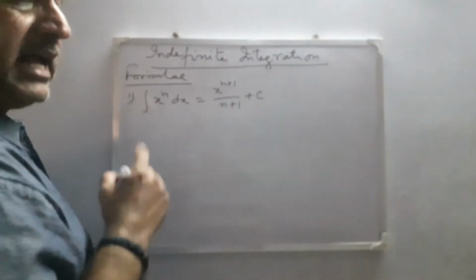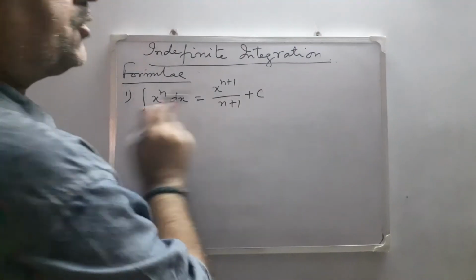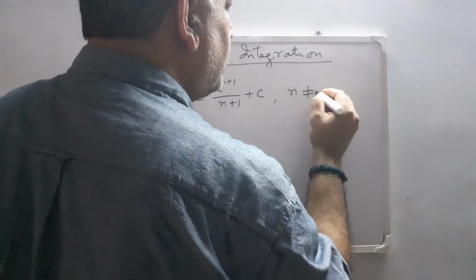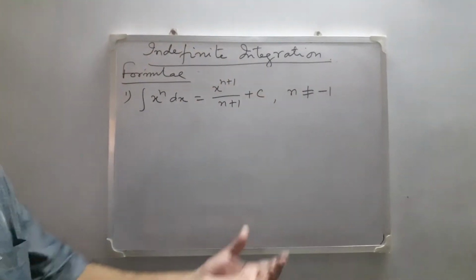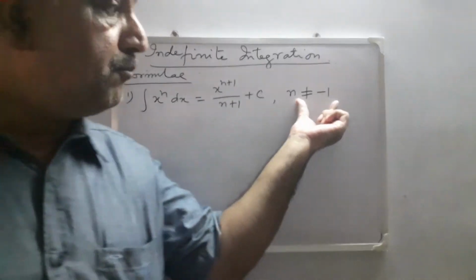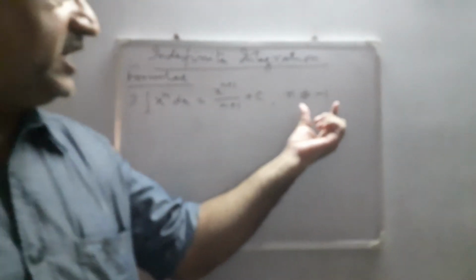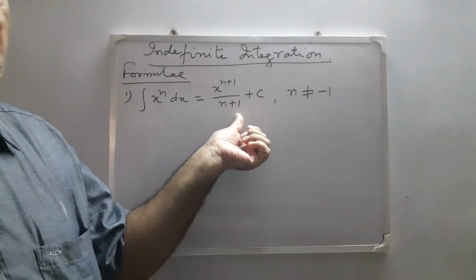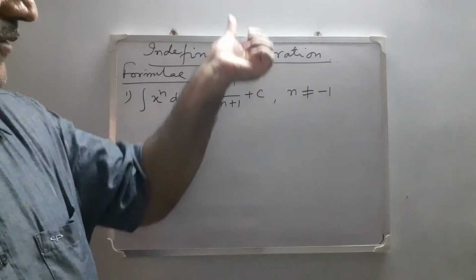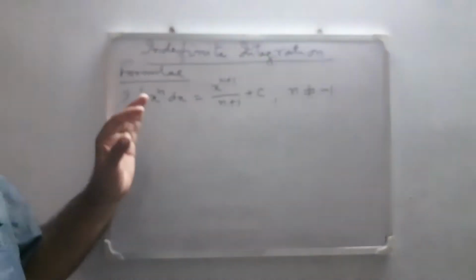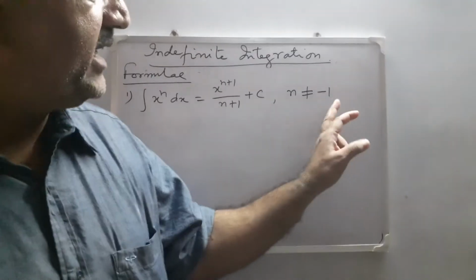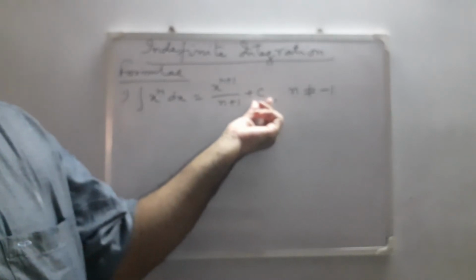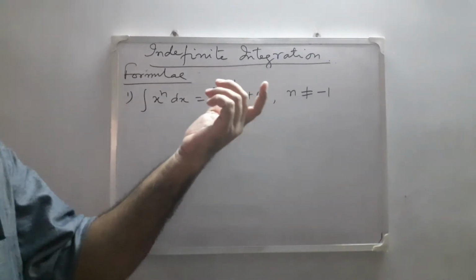And there is one restriction on this formula, that n should not be equal to minus 1. Remember it. This condition must be there. If n is equal to minus 1, this denominator becomes 0, and it becomes undefined. So this formula holds only when n is not equal to minus 1. This plus c should always be in this type of formula.